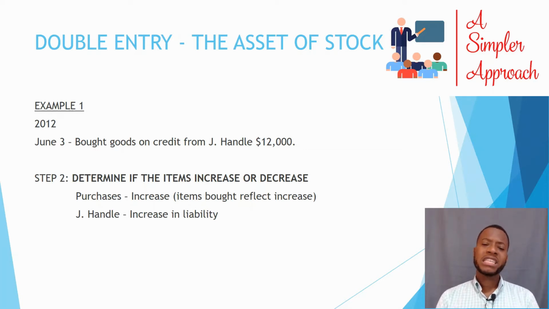Why? Because I bought items on credit from Mr. Handel, which means that I now have an obligation to him, an increased obligation. So now we see that purchases increased and J. Handel, liability, also increased. So we've taken care of step one and step two.